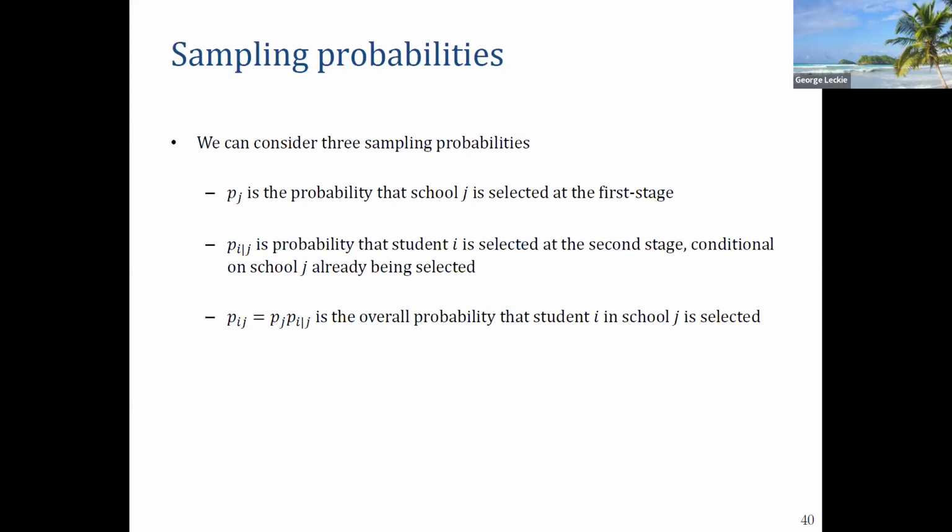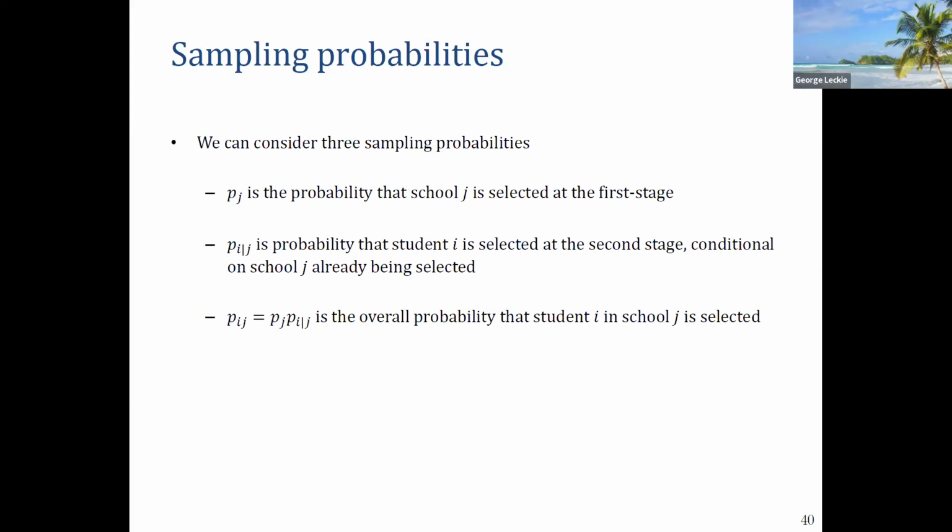Now, having selected a school, we got it down to I think it's 417 in here. These are my 417 schools. Within each school, I don't want all the kids. I want 40. The P subscript I given J is the conditional probability that student I is sampled, given that school J is in my sample.